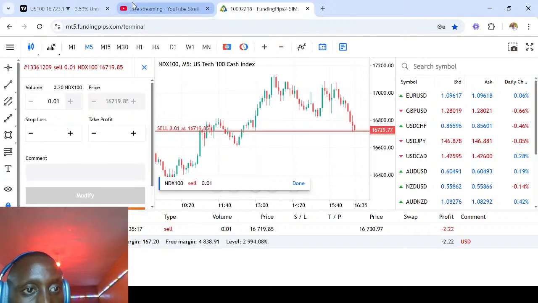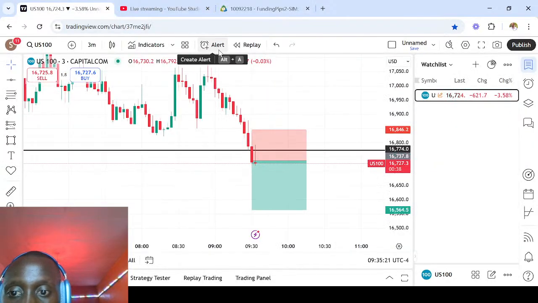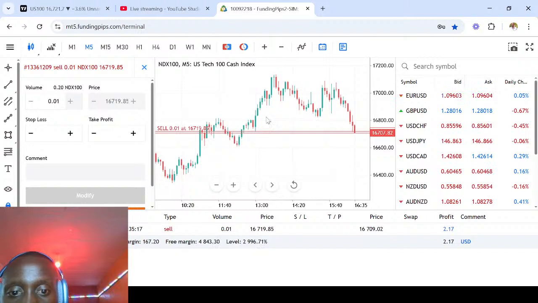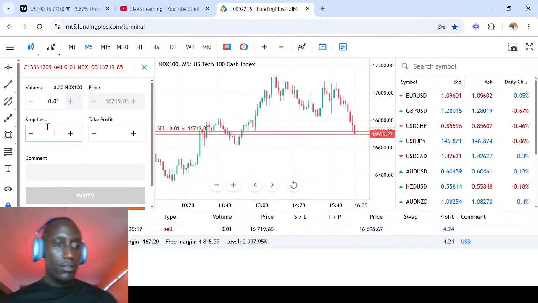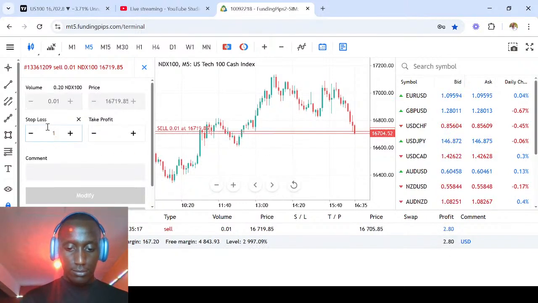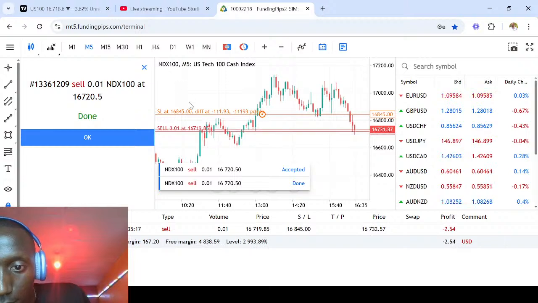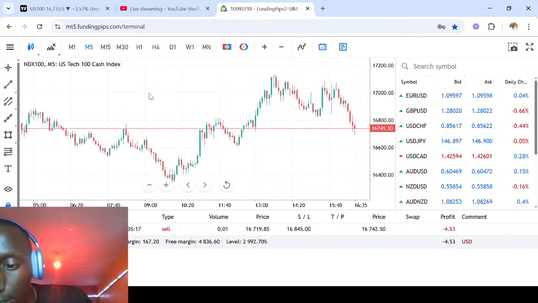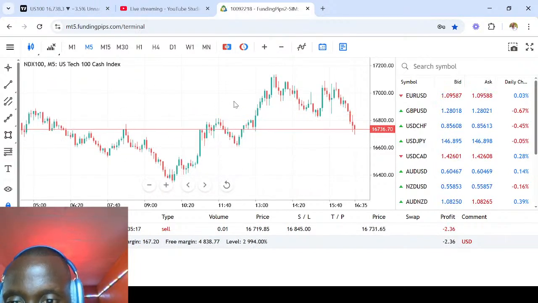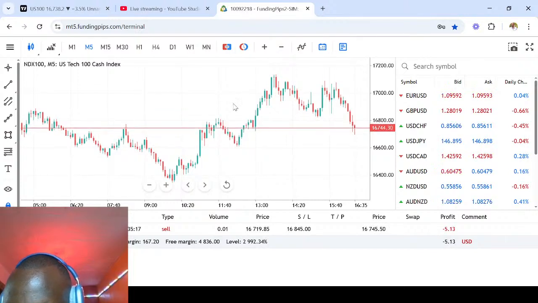All right, I'll exit there and I'll create a new order that makes sense. Stop loss was 16,845. Yes, so I think that is good risk management there.